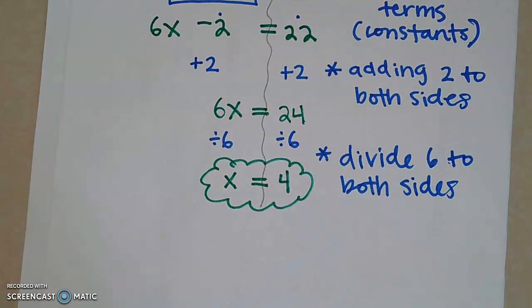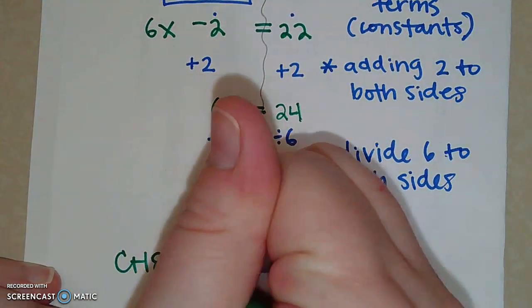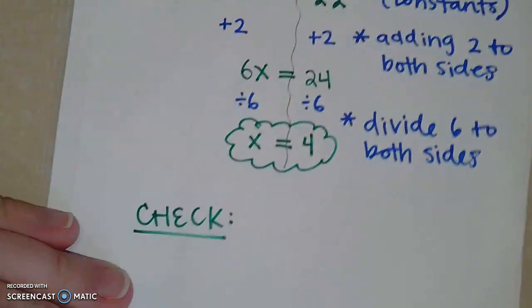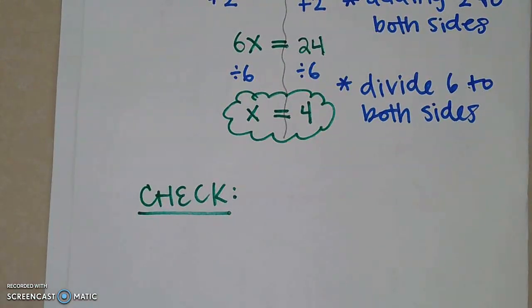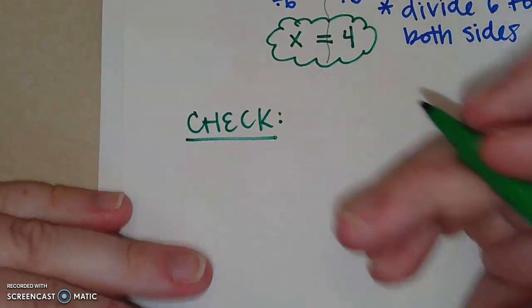Now, we want to get to a place where we are able to check our work. That way we can feel confident about our answer. So the original equation, the thing we started with, I'm just going to take a moment to rewrite it.